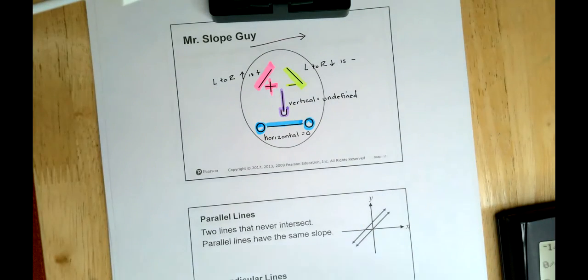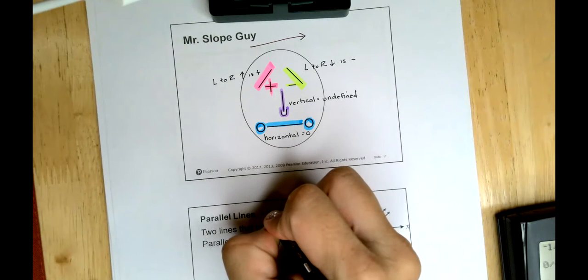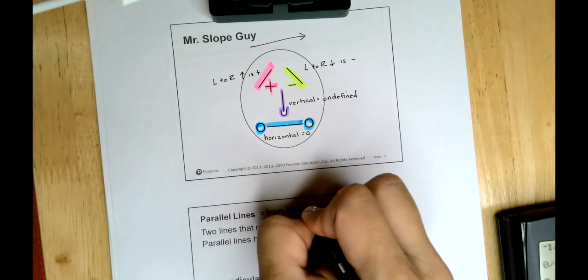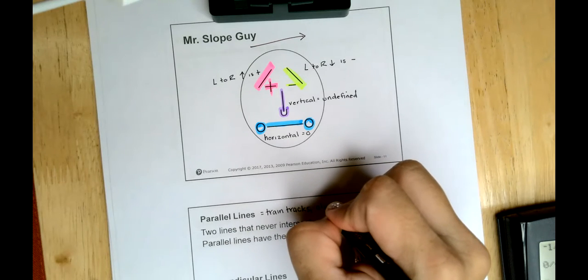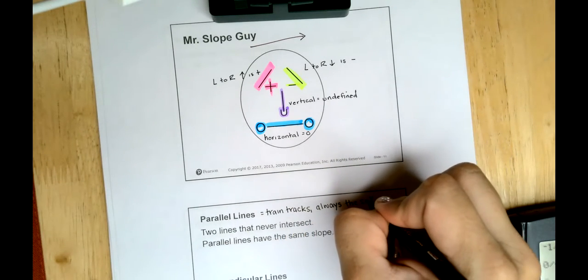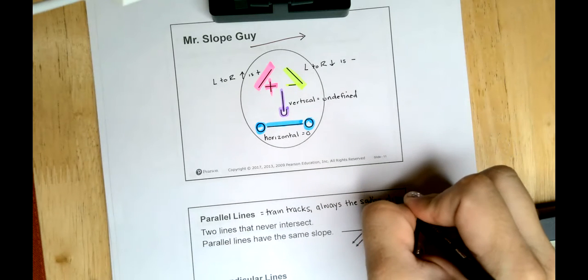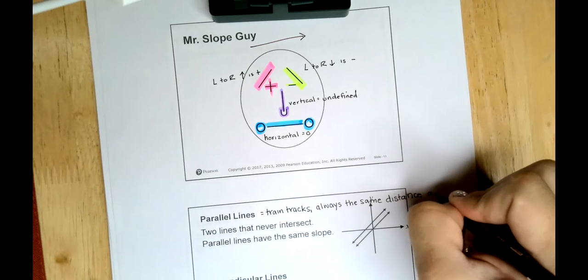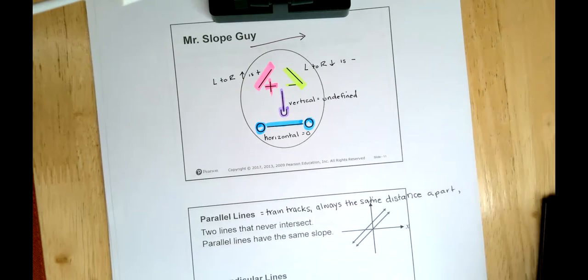Parallel lines are like train tracks. Always the same distance apart. Will never cross.